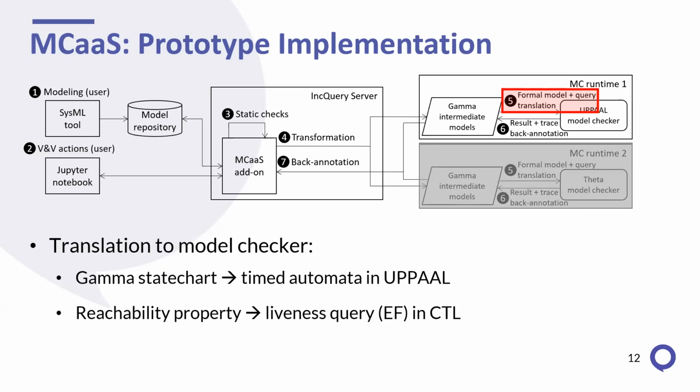Would we need to define a semantics for activity diagrams in Gamma in order to use or expand your approach? You would need to define the translation, so the transformation between Gamma and your model checker, to have it included in our workflow.